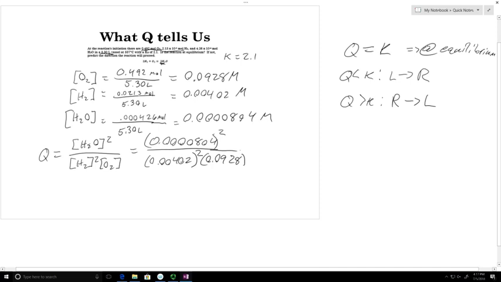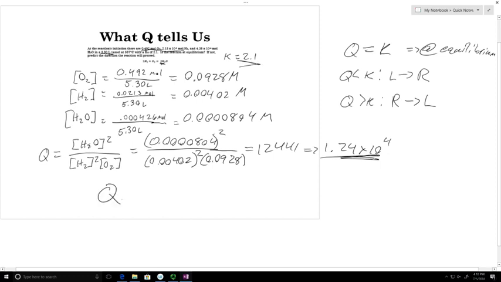Again, you're leaving the units out because Q, just like K, is going to be unitless. And we end up with 12441 after you calculate it, which we're going to rewrite as 1.24 times 10 to the fourth, which gives us our sig figs.